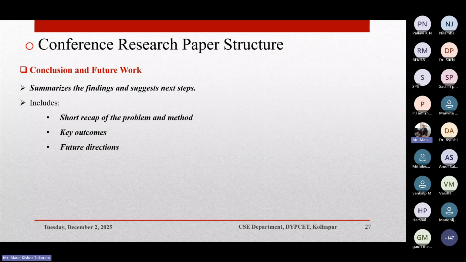Key outcomes we can write under the conclusion section, and we need to add the future direction. Future direction means we add the future scope, showing how this system can be further increased in the future and so on. These are the contents available under the conclusion and future work.